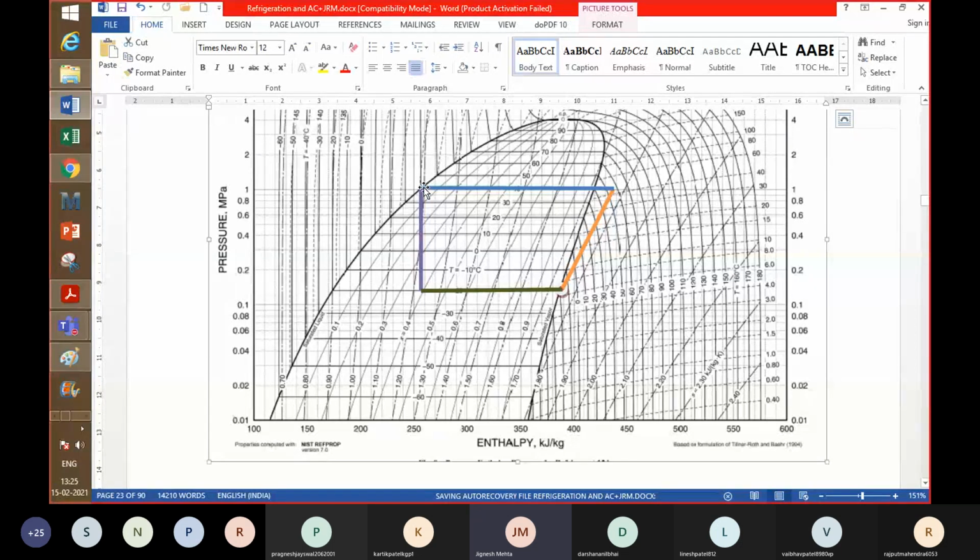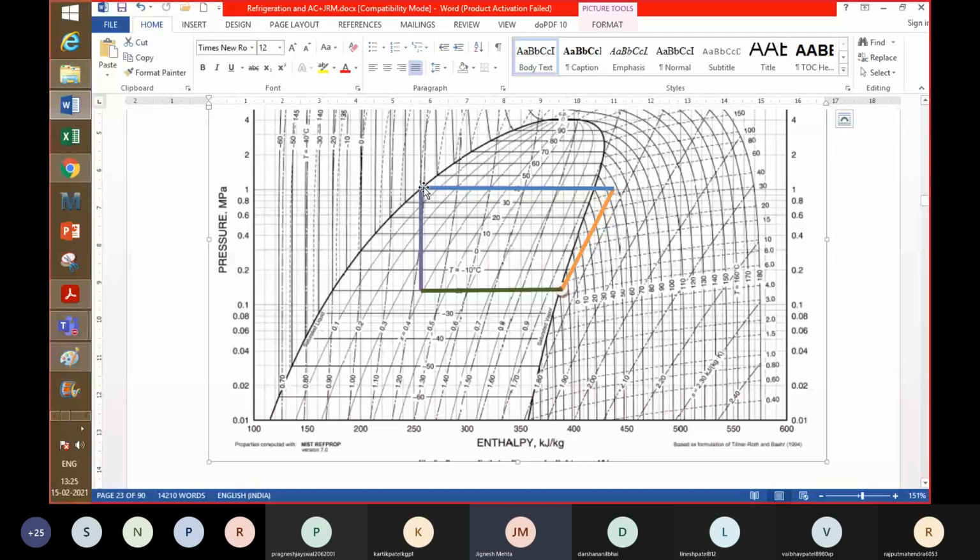As I remember, the condensing temperature is somewhere around 42 degrees Celsius, and it's coming out at around 36 degrees Celsius. It means that there is around 6 degrees of subcooling, right? So these are the topics that we will be discussing now, the deviation of the actual vapor compression cycle compared to the standard vapor compression refrigeration cycle.